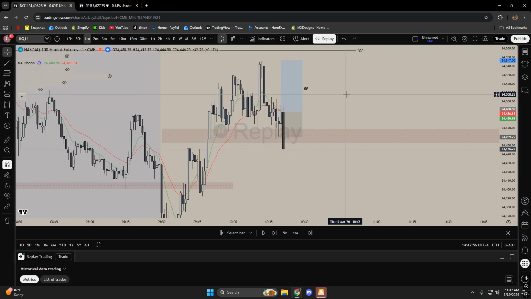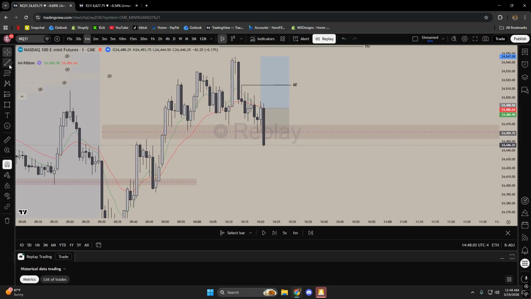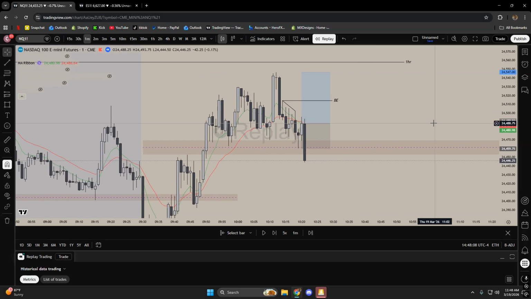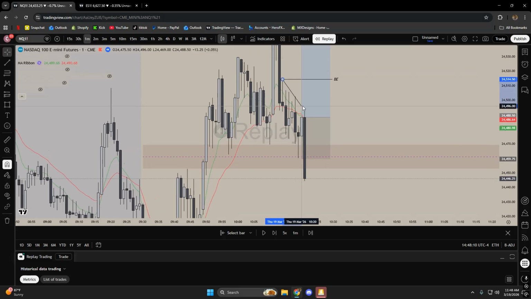So why did this trade fail? Looking back at it, we are generating low resistance liquidity down here, right? We are just generating liquidity, and this inverse, if you notice, is perfectly in line with its trend line liquidity.